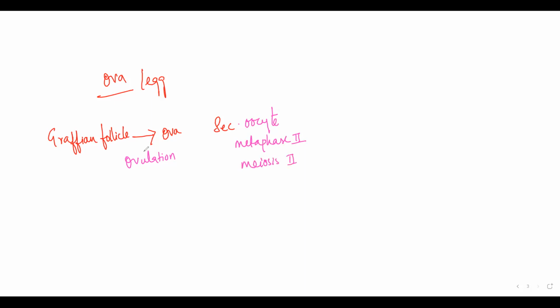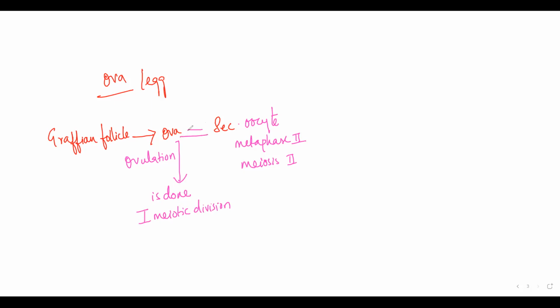So when the ova has been ovulated, it has completed its first meiotic division. It has completed its first meiotic division, right? Now what is it being called?